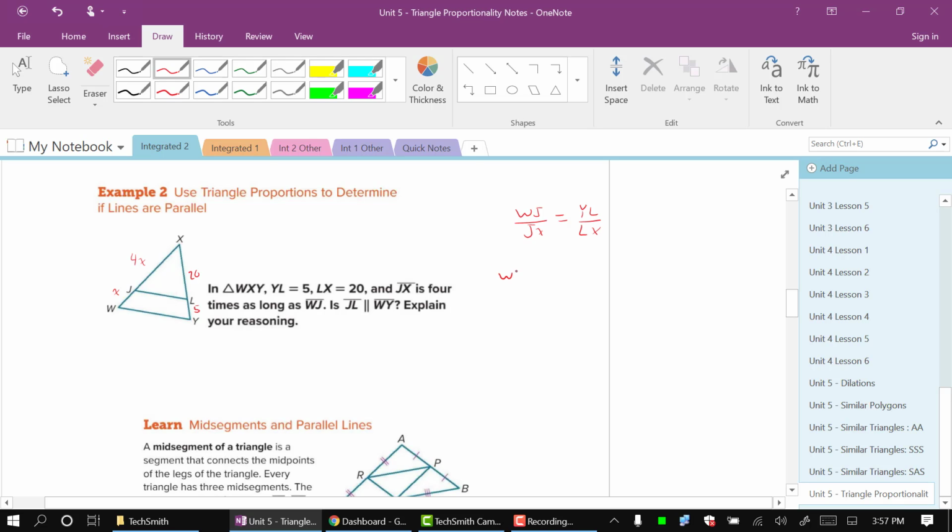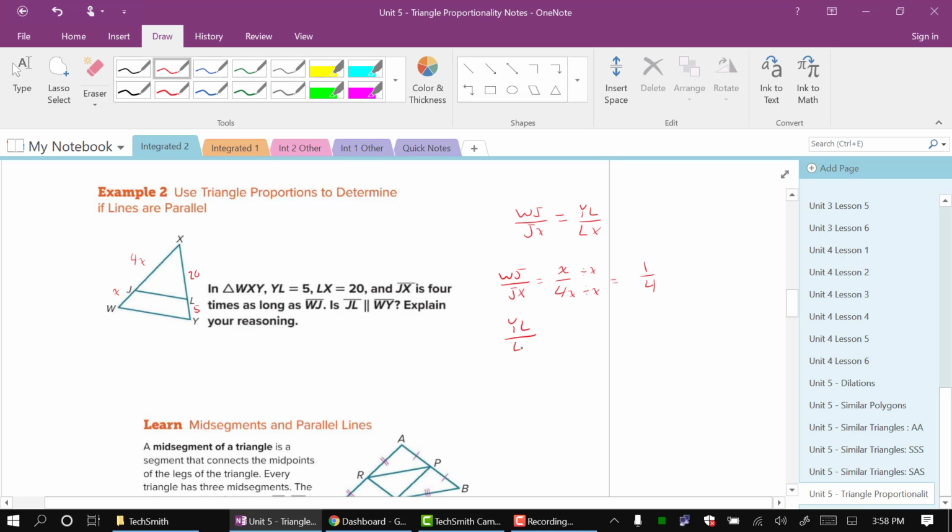We have that WJ over JX. Well, WJ is, as we said over here, it's X. JX is 4X. I have the X that's common between the two of them. So I can divide out the X from top and from bottom. That leaves me with 1 over 4.